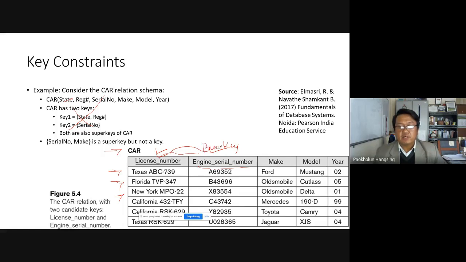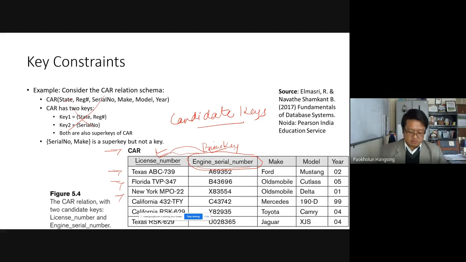For example, in this case, we assign the engine serial number as the primary key to identify its tuple. Both license number and engine serial number are called candidate keys, because their values are unique in their tuples.